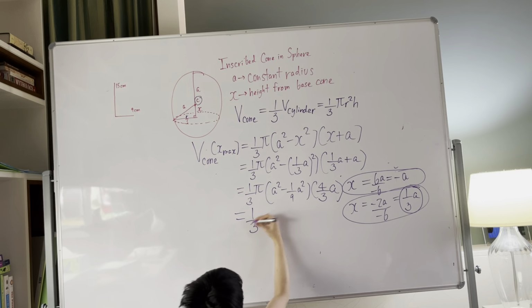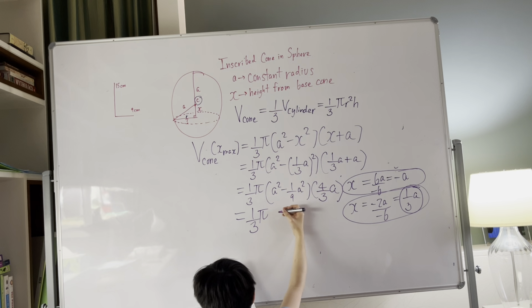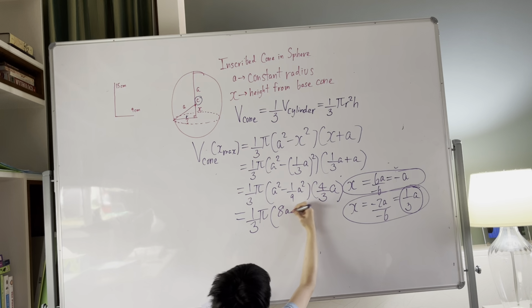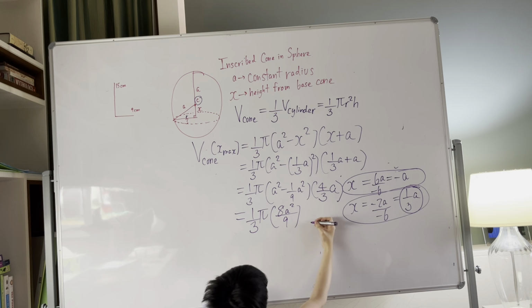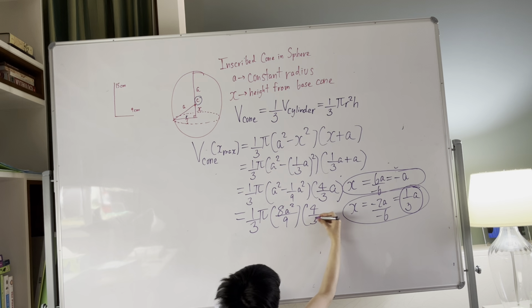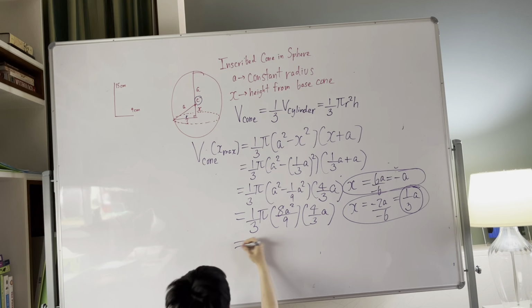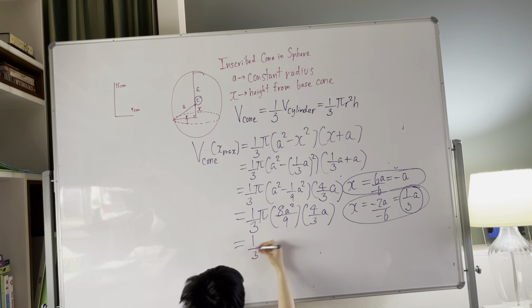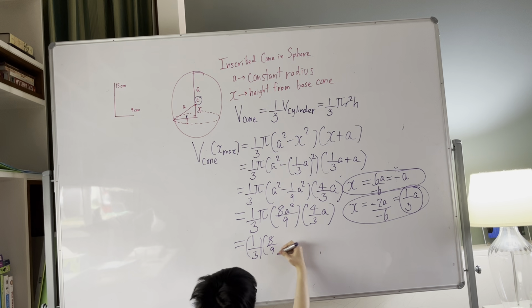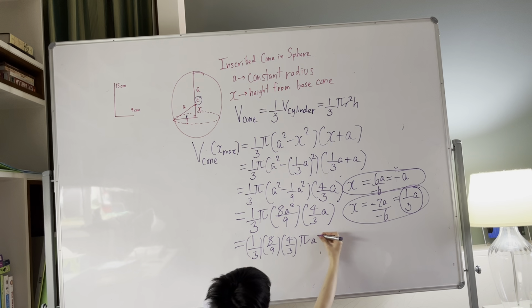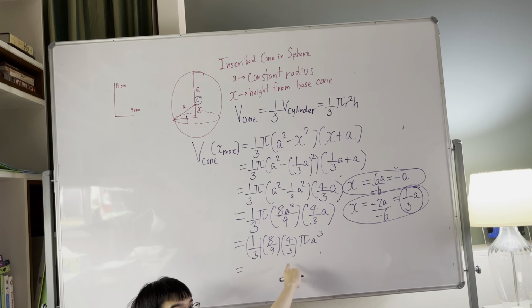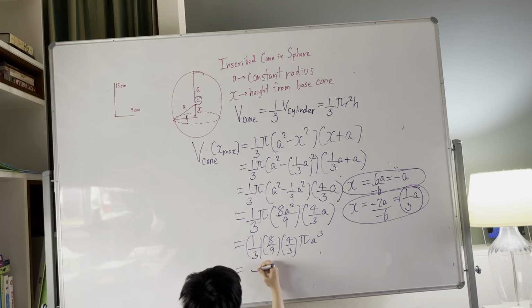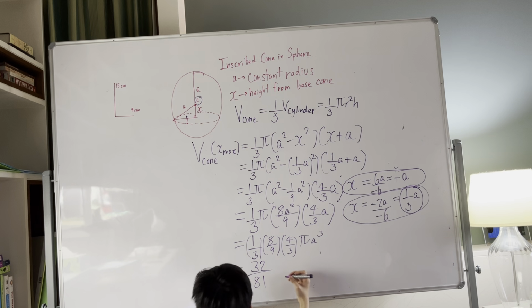We get 1/3 pi times 8a squared over 9, and then times 4/3 a, which simply becomes 1/3 times 8/9 times 4/3 pi a cubed, and that coefficient, three fractions being multiplied, becomes 32 over 81 pi a cubed.